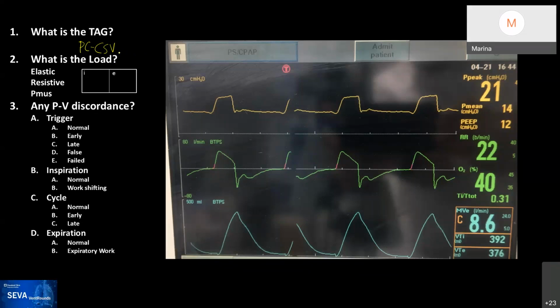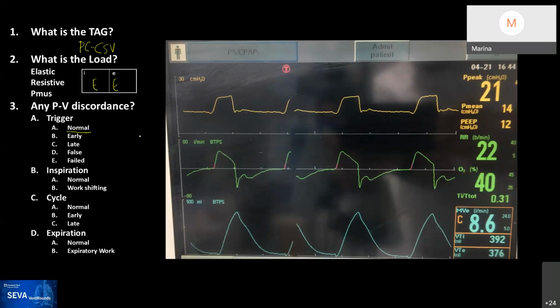The time constant doesn't look particularly prolonged, so I'm going to go elastic for both. Trigger is normal. I don't even know if you could do an abnormal trigger on a CSV setting, to be honest. I will ask you that later.